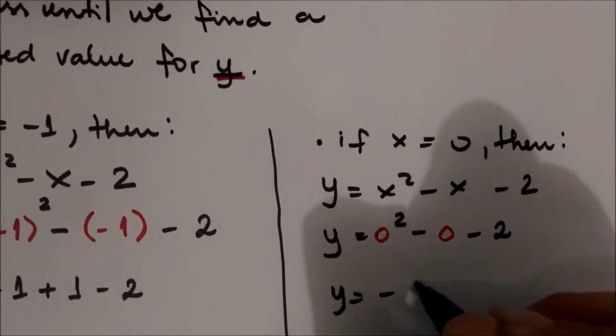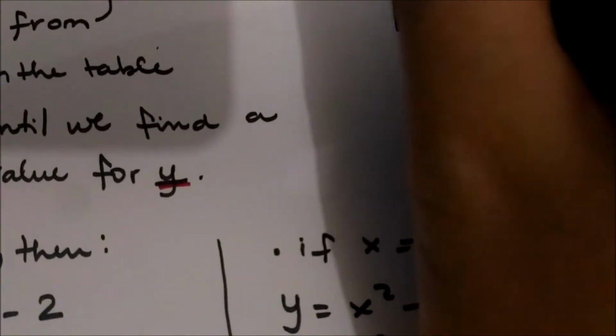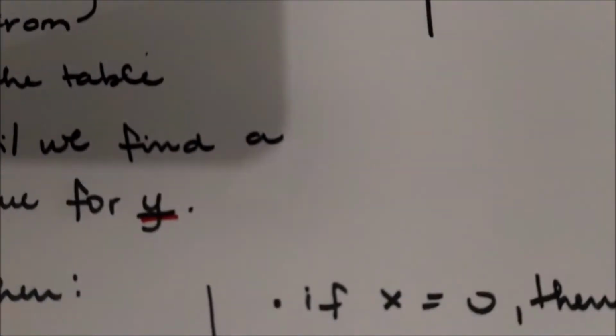Zero minus 0 is 0, so my answer is going to be -2. Okay? So now I'm guessing 1 for x. Let's see what happens.